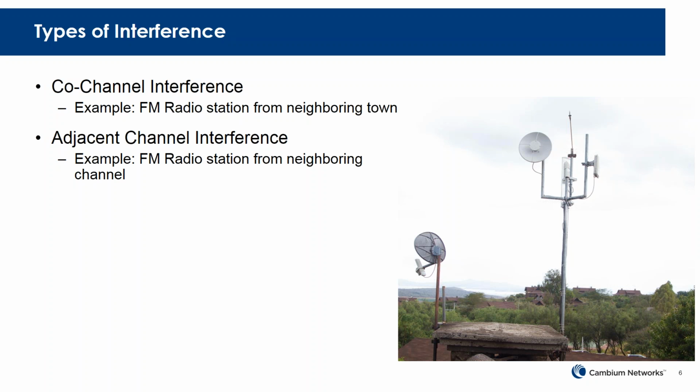And so the idea of co-channel interference is that the interfering radio is operating on the exact same channel or frequency of the radio you're trying to receive on. An example of this would be if you live in one city and you're driving to another city and both cities happen to have an FM radio station of 90.1, for instance.